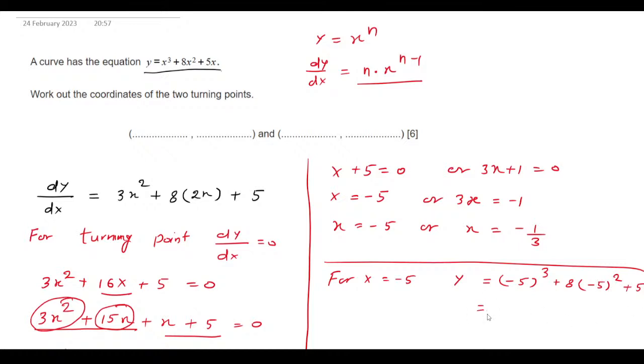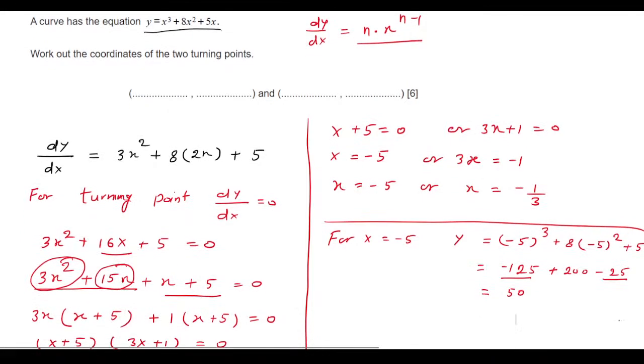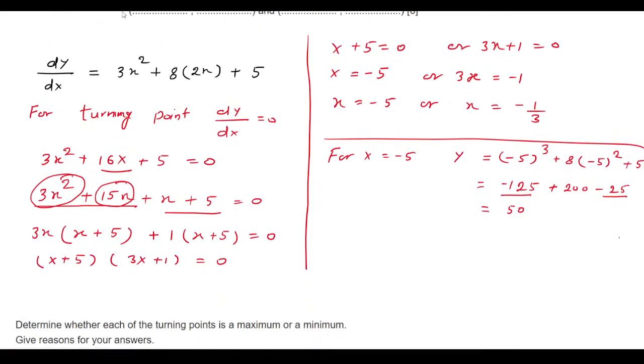Minus 5 cubed is minus 125, plus 5 squared is 25, 25 times 8 is 200, and minus 25. If a calculator is with you, better you use a calculator. It is minus 125 minus 25 is minus 150 plus 200. I will get the answer as 50. So when x is minus 5, I get y as plus 50. So I have one point, minus 5 comma 50.